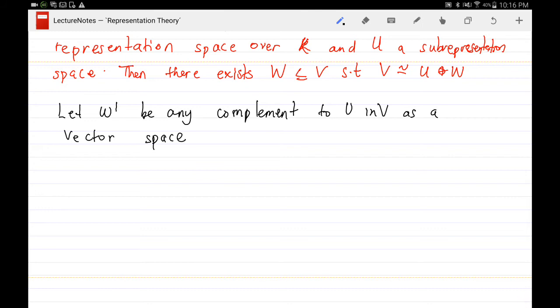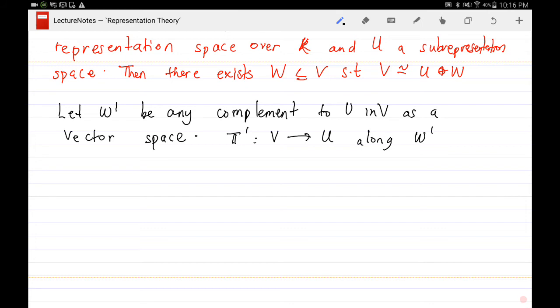And so along with that, we'll pick a projection pi prime that will go from V to U along W prime.